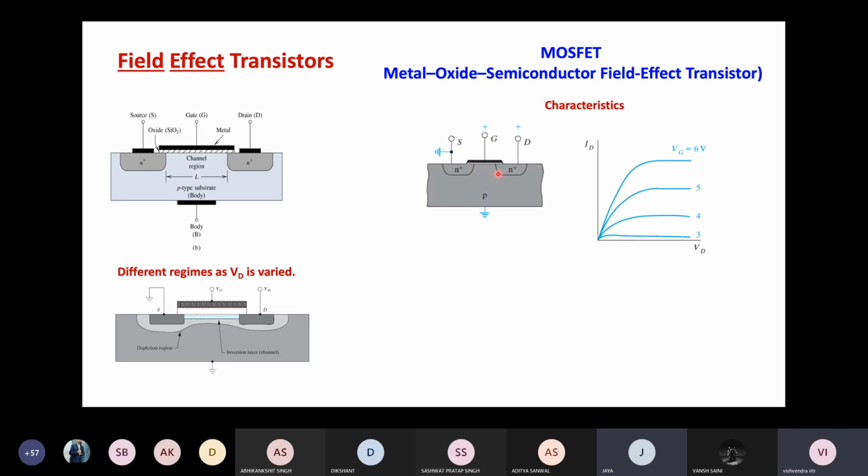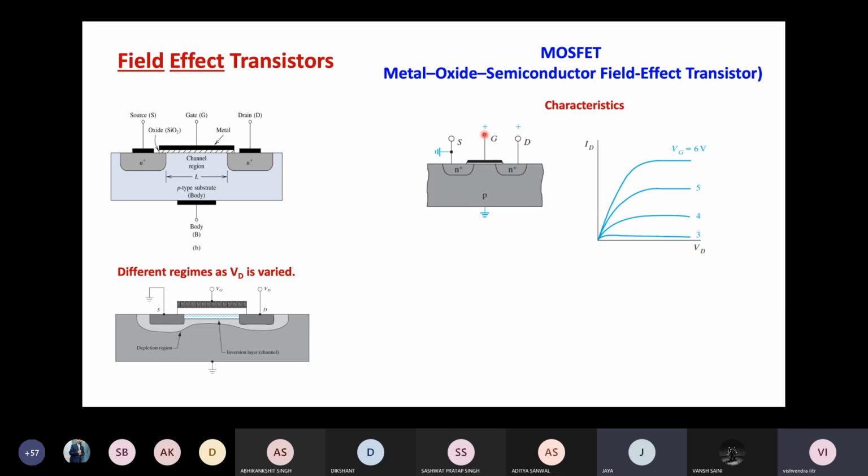We are trying to understand the mechanism of the MOSFET, and the mechanism is that when the gate voltage is zero, if we apply a drain voltage, there will be almost no current in the device. The current between drain and source will be zero.